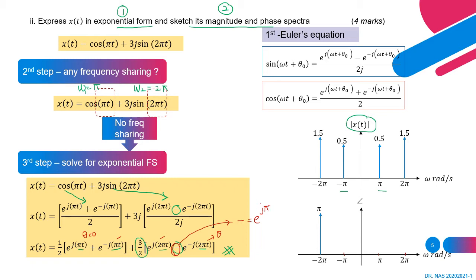So to convert this negative into positive, you need to multiply this equation by e^(j pi). So you have e^(-j2 pi t) multiplied with e^(j pi). So you have a phase shift of pi. That's why at negative 2 pi, there's a phase shift of pi to convert the negative into positive.